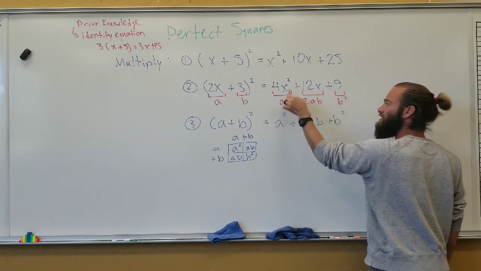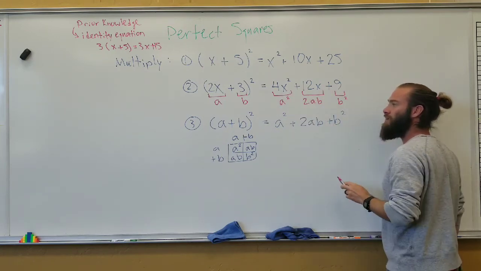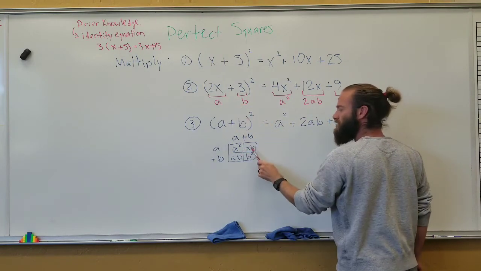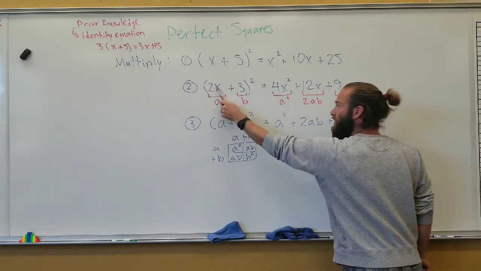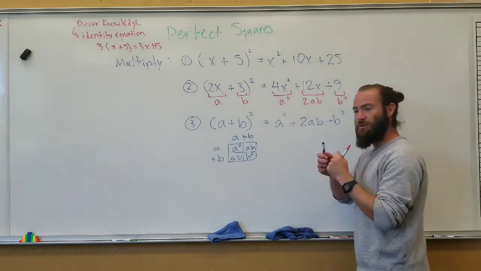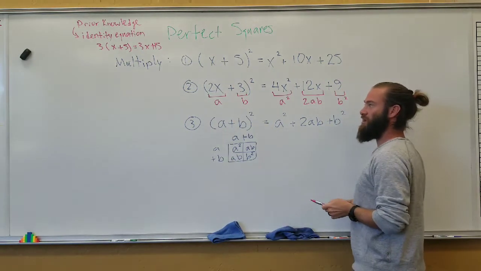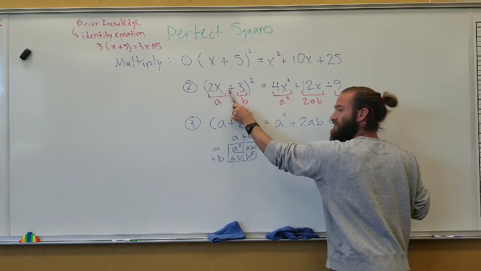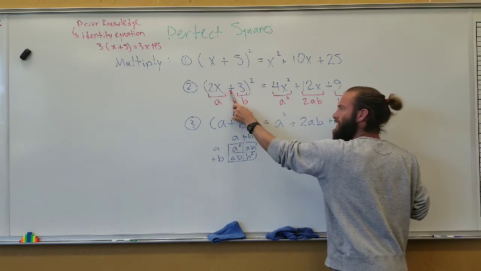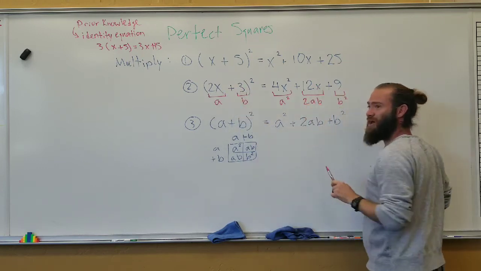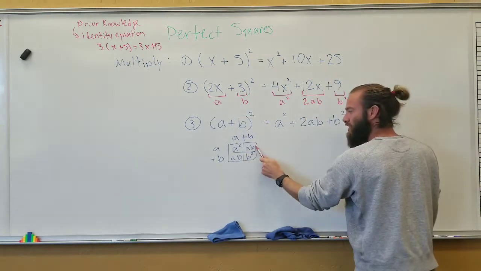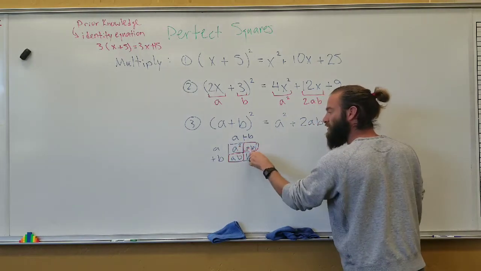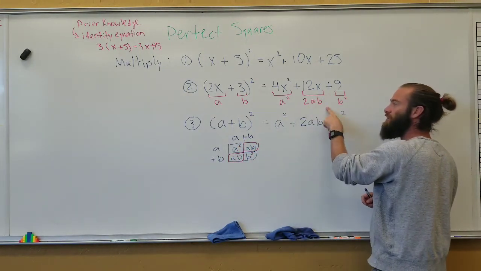So we have the things that are squared like we expected, but the middle should be 2AB, because you notice there's just two pairs of these two things multiplied together in every one of the expansion boxes. So 2x times 3 is 6x. Remember that 6x? And then 2 of those makes 12x, because these two boxes here always end up the same. And you always have 2 of them. That's where we get the 2AB.